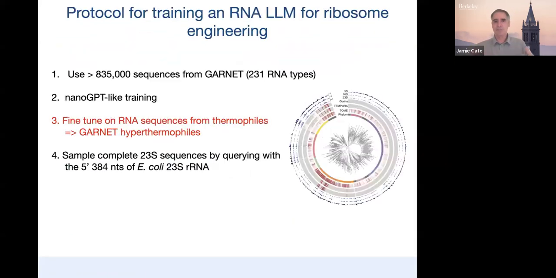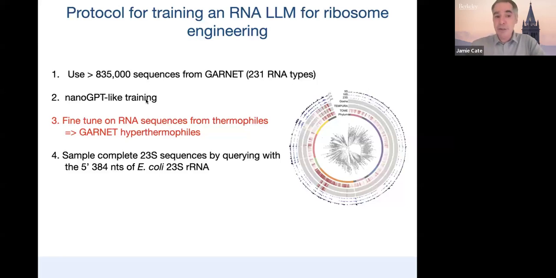Because I know we're coming closer to the end, what we could then do with these language models is this: we have about 800,000 sequences in the GARNET database. We could train a language model using these sequences. Just think of this as all sequences.